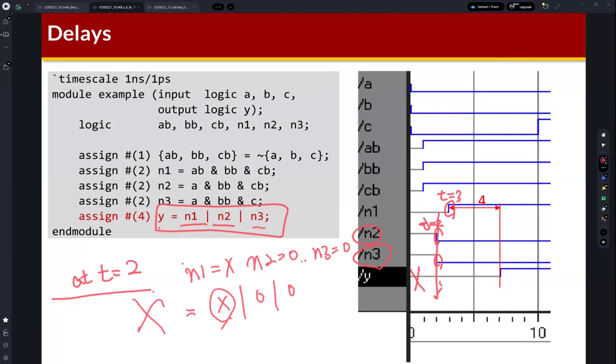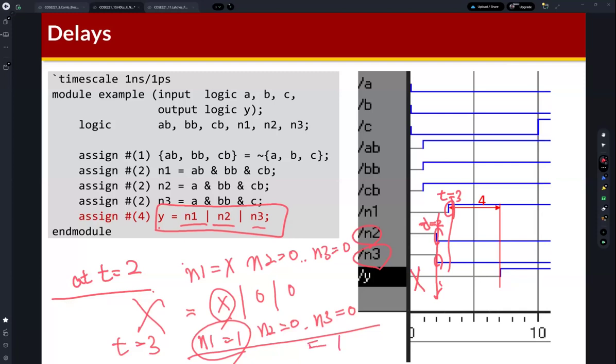Then at t equal 3, n1 becomes 1. Then n2 is still 0, and n3 is still 0. Because we know the exact value of n1 at time 3, this value will be 1.